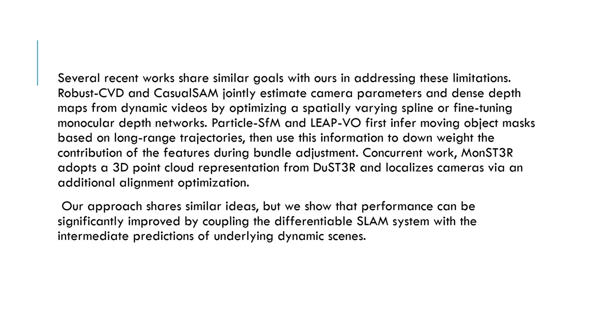Even though robust CVD and CasualSAM are used, for dynamic videos they downweight the features during tracking. To overcome this, our MegaSaM paper uses similar ideas, but the performance is significantly improved by coupling a differentiable SLAM system with intermediate prediction of the underlying dynamic scenes.